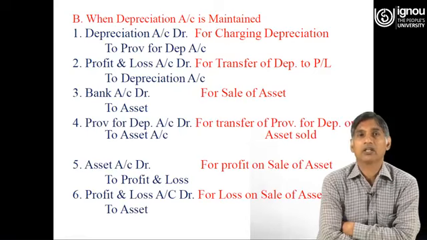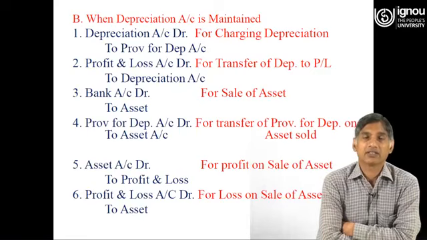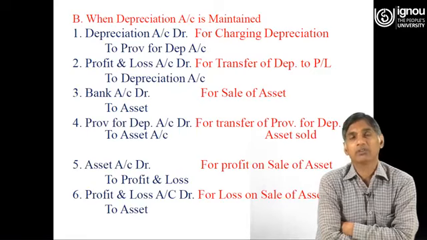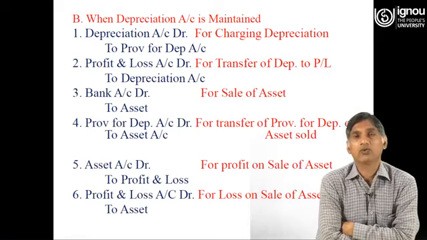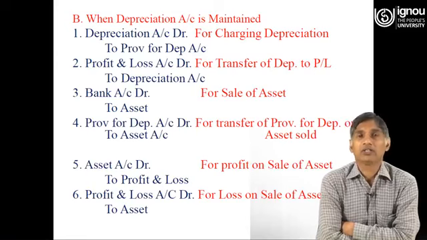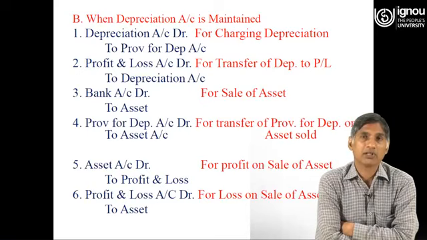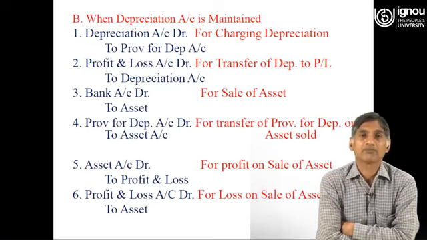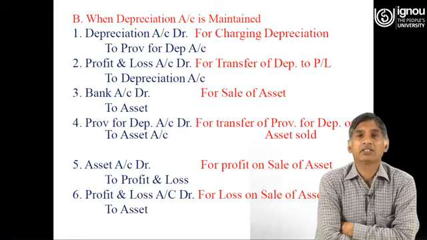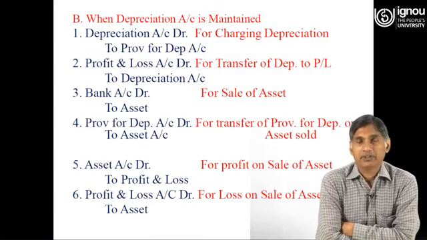We will discuss the journal entries, and then with the help of an example we will see how the asset is shown in the balance sheet when the depreciation account is maintained and when it is not maintained. So here in this case the first entry for charging the depreciation is depreciation account debit to provision for depreciation.